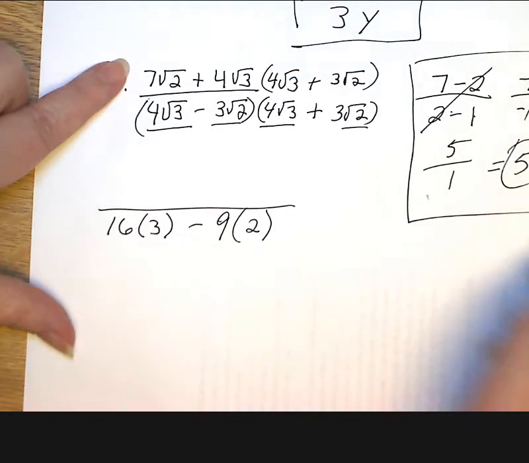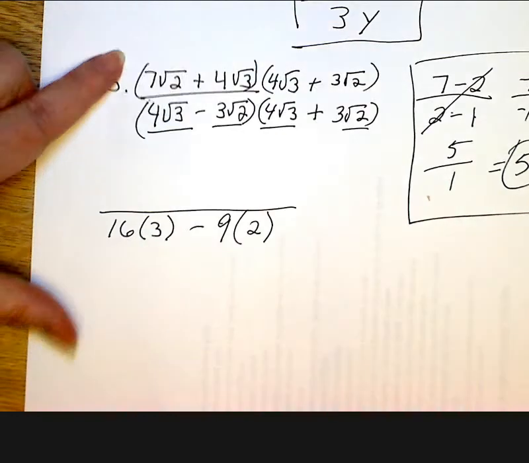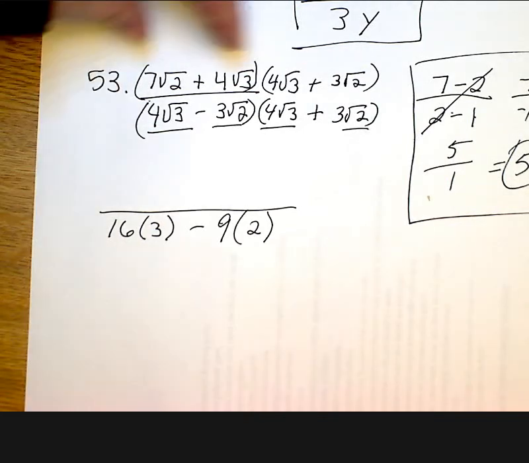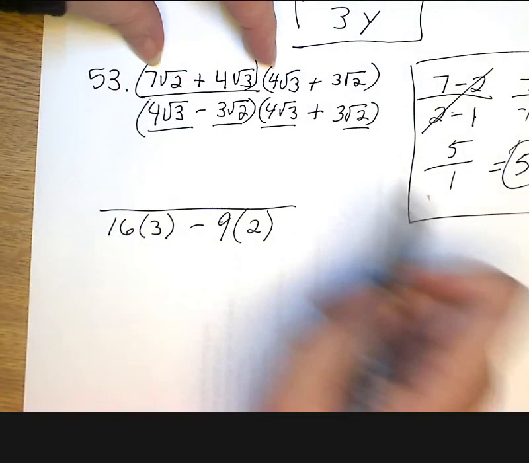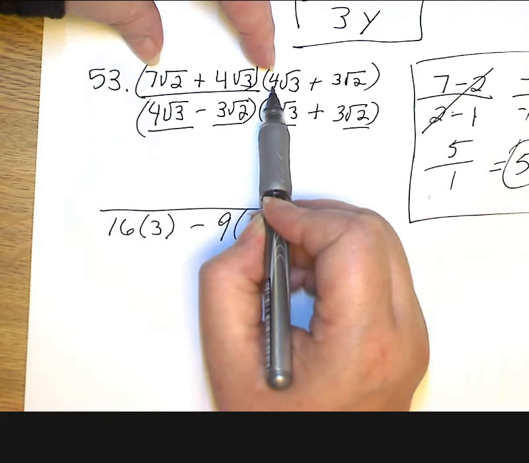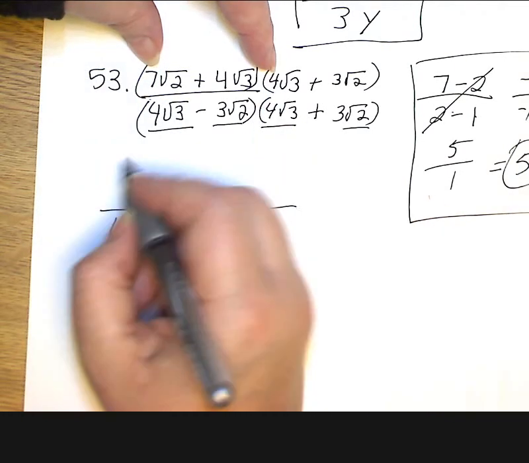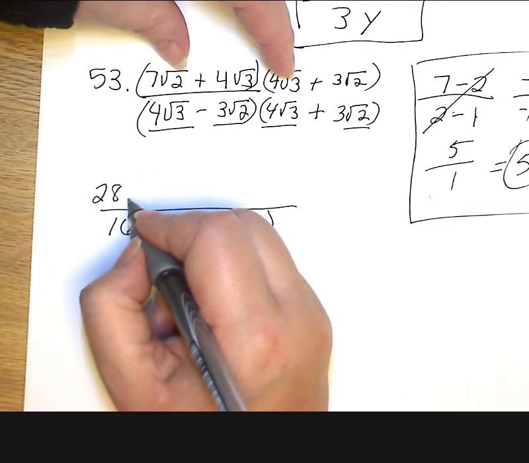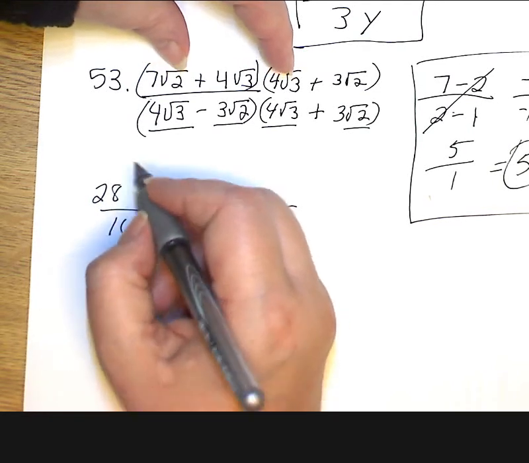The top, since we have completely different things, what do we have to do? FOIL. So we have to FOIL this. So we have 7 times my 4, 28. Square root of 2 times the square root of 3 is square root of 6.